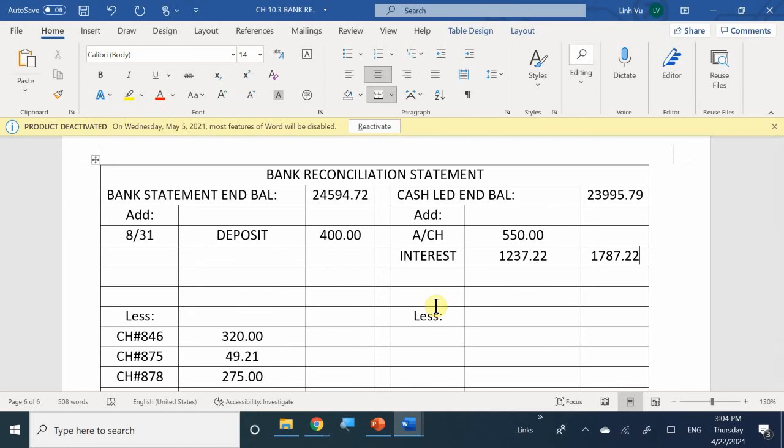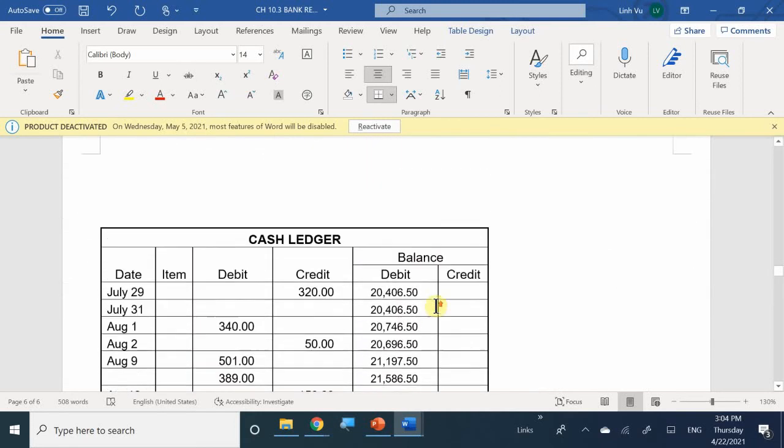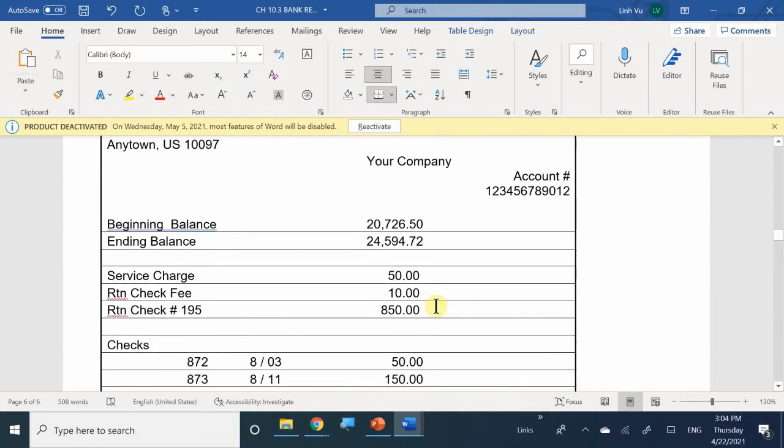Any service charges and non-sufficient funds and such. Okay, so let's take a look at our fees that we encountered. Oh, so here we have a service charge of $50. We also have a return check fee for $10.